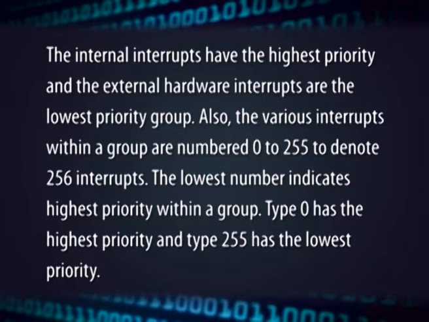Also, the various interrupts within a group are numbered 0 to 255 so as to denote 256 interrupts. The lowest number indicates highest priority within a group. Therefore, type 0 has the highest priority and the type 255 has the lowest priority. Few of the interrupt types are not available for the programmers to use as they are used for CPU internal interrupts.